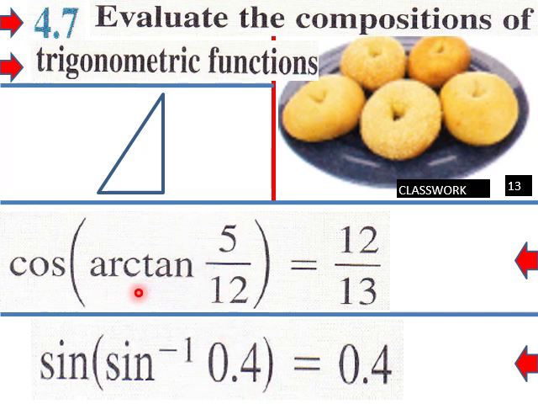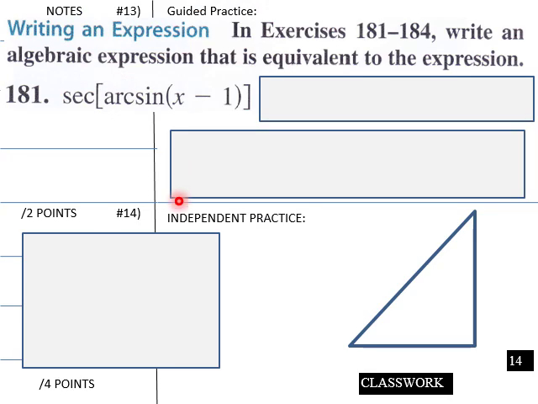Then the cosine again of arctan 5 over 12, since we know our tan here is 5 over 12, then our cosine would be 12 over 13. And you can use this triangle here to diagram what these functions are telling us. 4 points here for page 13, classwork.